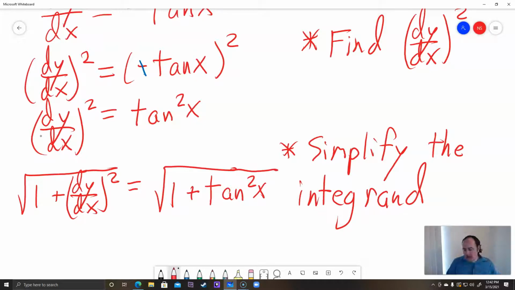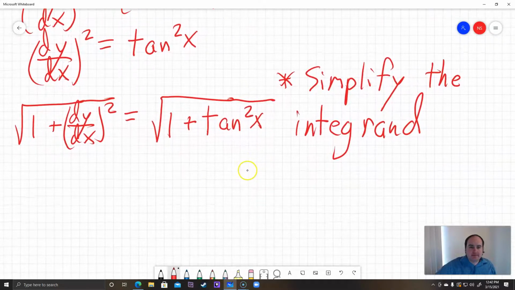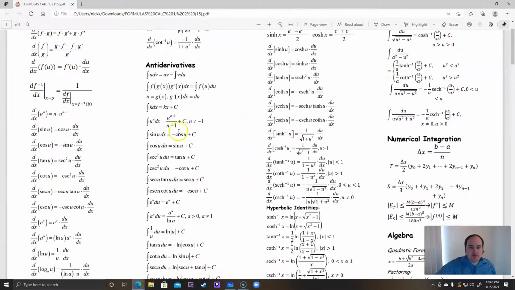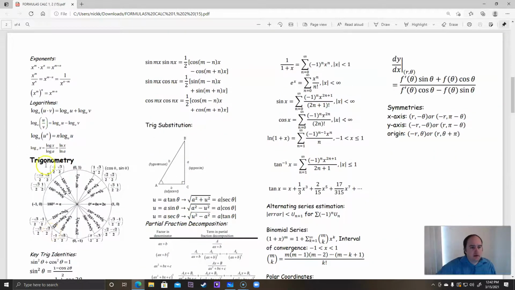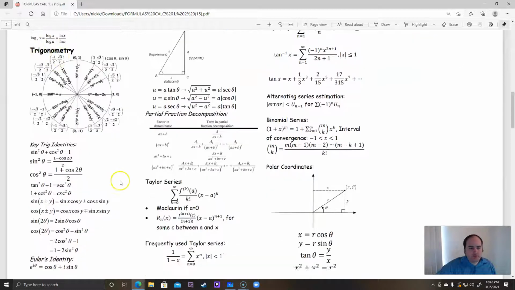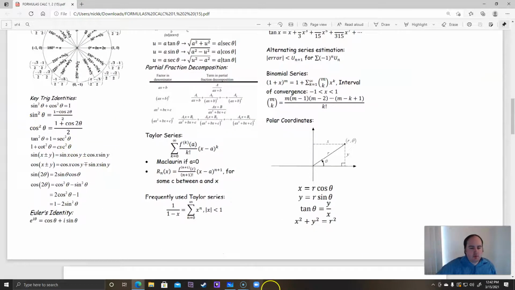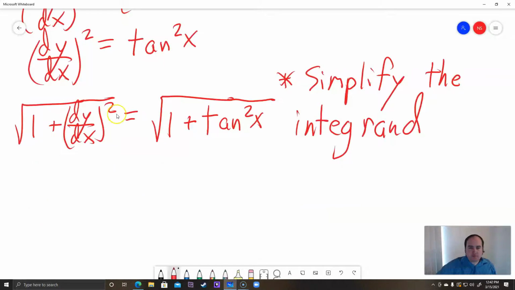Right, because that's what dy dx squared is, tangent squared of x. And then you want to use a trig identity. So you go to your formula sheet, not on the first page, but on the second page, and you look under trigonometry for one involving tangent squared.